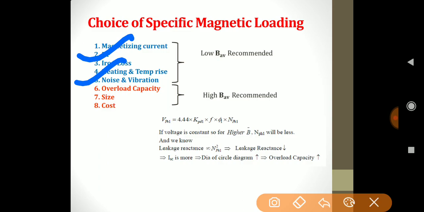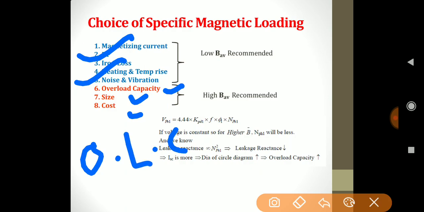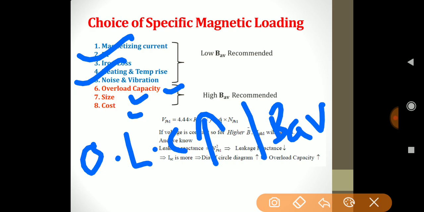On the other hand, there are a few more relations, a few more factors. Those are mentioned here: overload capacity, size and cost. If you want a high overload capacity, then it is recommended to have BAV high.